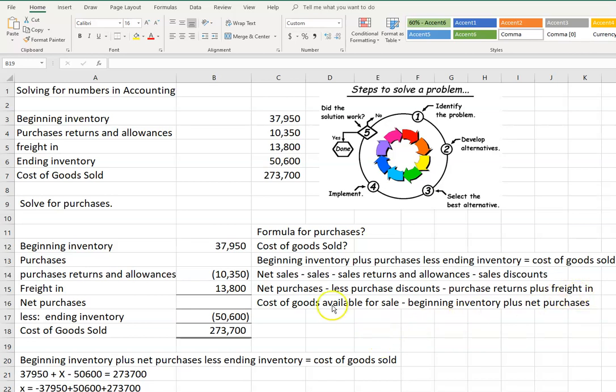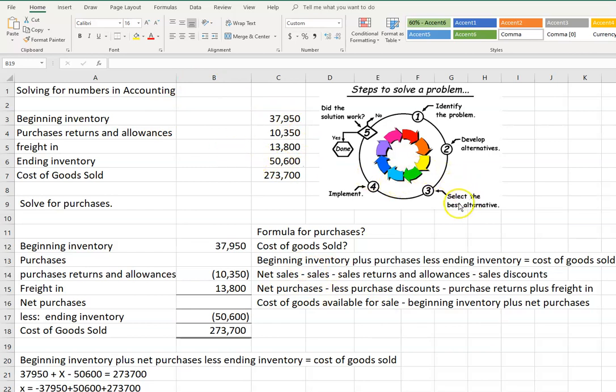And then one other subtotal that you may need to know about is cost of goods available for sale, which is just all of the goods that you start with, which is your beginning inventory, plus your net purchases. So these are just some items to understand what the word net means, what the words cost of goods available for sale mean. All right, so we're given these items and we need to know purchases.